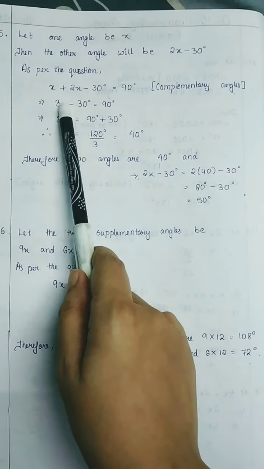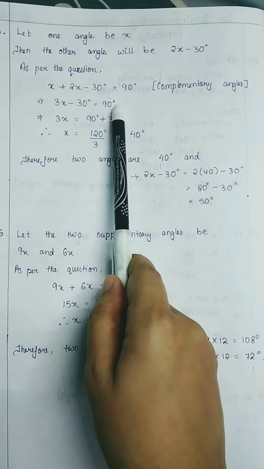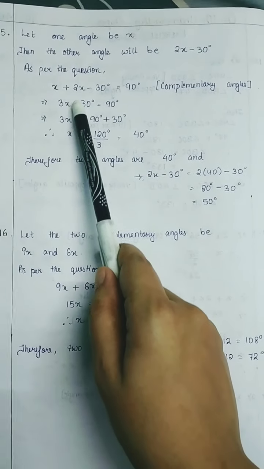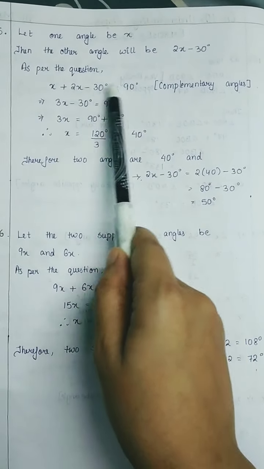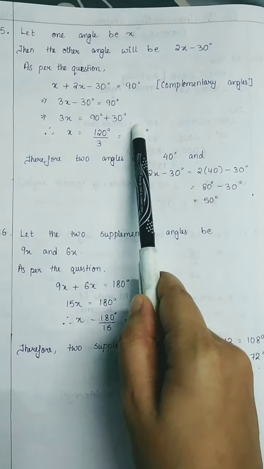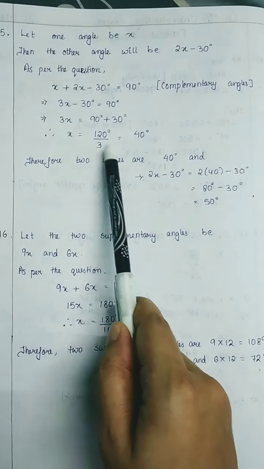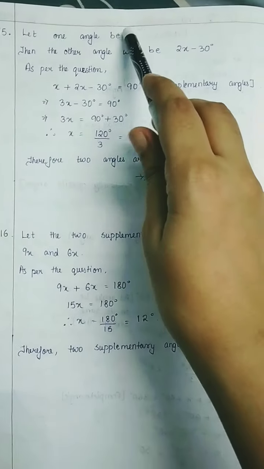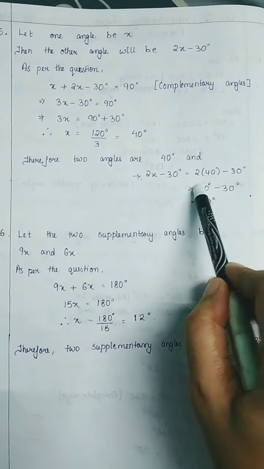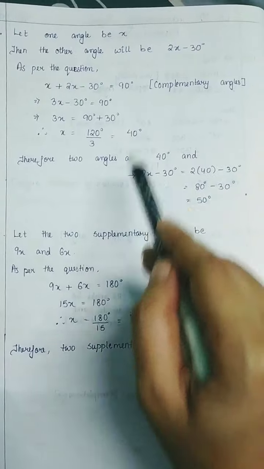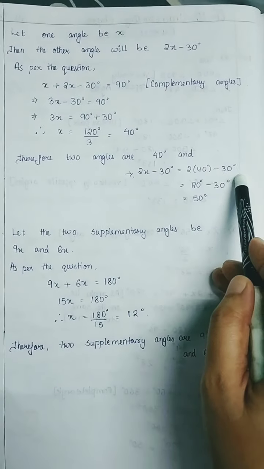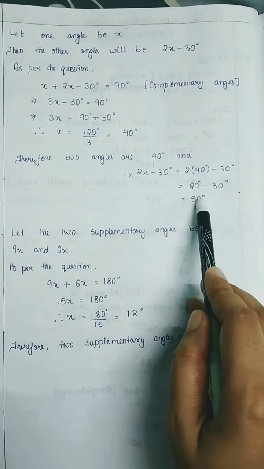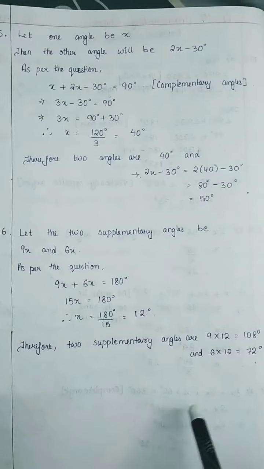So 3x minus 30 degree is equals to 90 degree. So 3x is equals to 90 plus 30, that is 120. So x is 120 by 3, that is equals to 40 degree. Putting the value of x as 40 in the other angle, 2 multiply 40 minus 30, that is 80 minus 30, that is 50 degree. So one is 50 degree, another one is 40 degree.